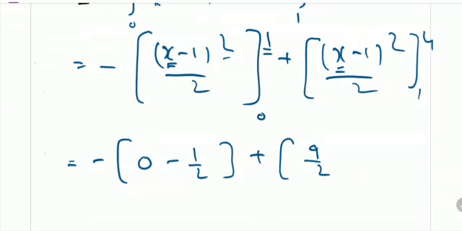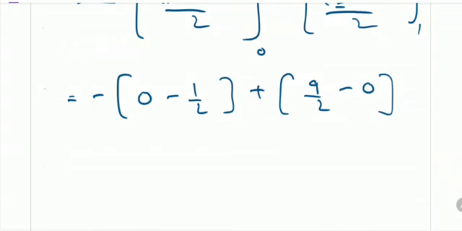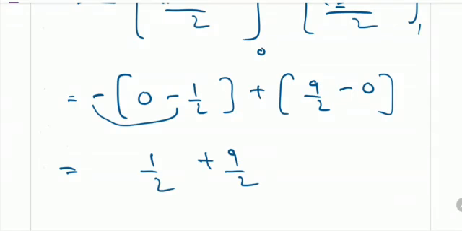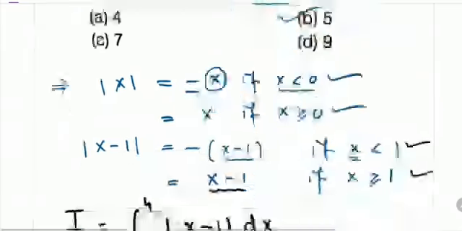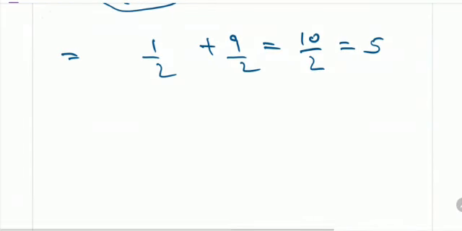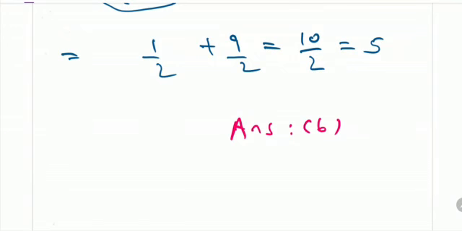If I put value of x as 1, 1 minus 1 will be 0, so the second part will be 0. But observe this minus and minus will make it plus, so I get half plus 9 by 2, which will give me 10 by 2, which is nothing but equal to 5. So 5 here, observe, is your option number B. So answer here is clearly option number B.